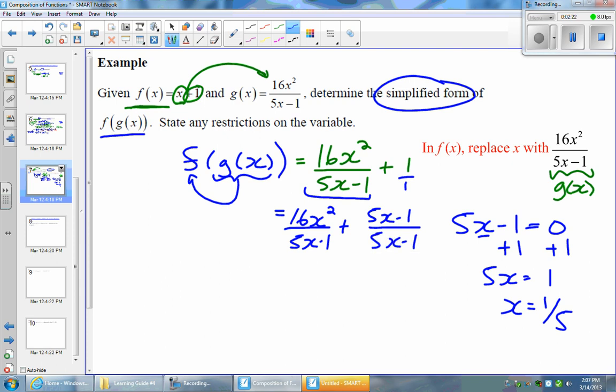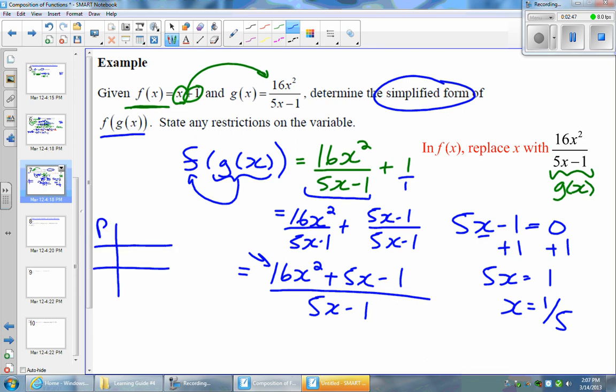Once we have the same denominator, we can go ahead and add the numerators. So we have 16x squared plus 5x minus 1, and that's all over a common denominator of 5x minus 1, okay? Since we want it in simplified form, we can go ahead and try to PSA the top there.